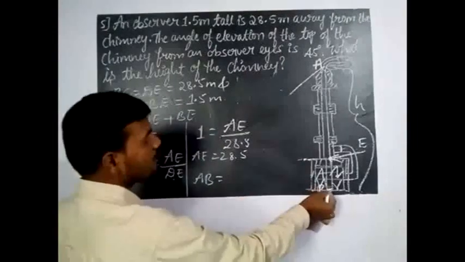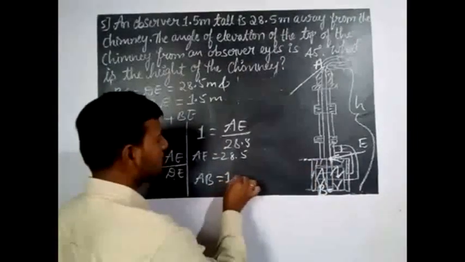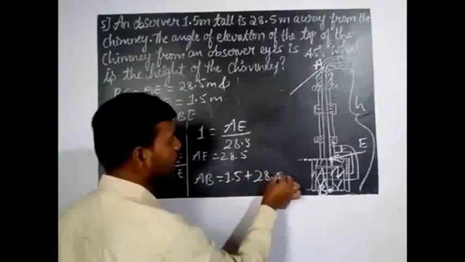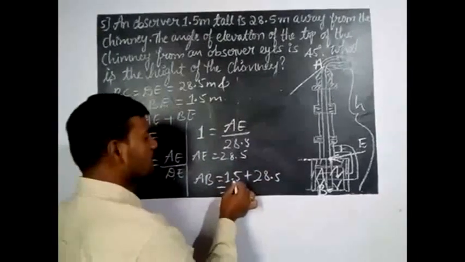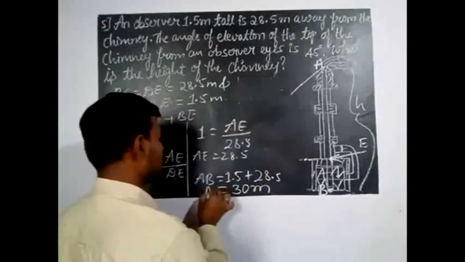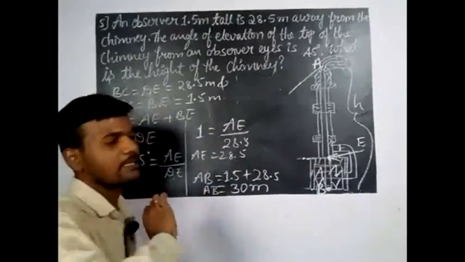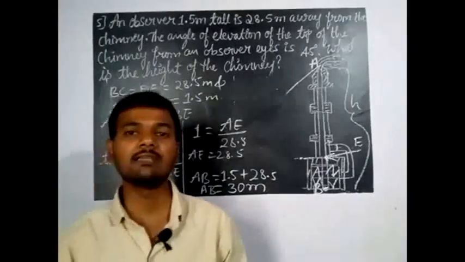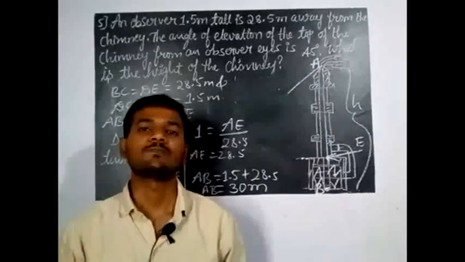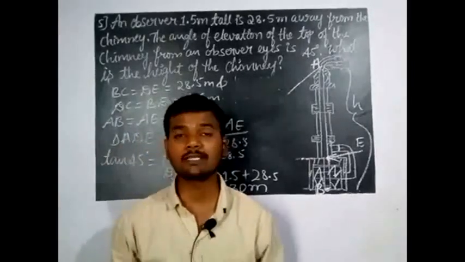BE is known, that is 1.5, plus AE, which we found, that is 28.5. Therefore AB is equal to 30 meter. That means the height of the chimney is 30 meter from the ground. Okay, so let us discuss one more example.